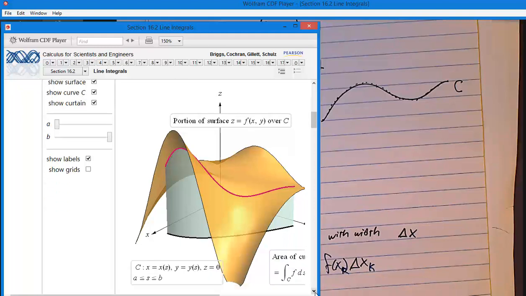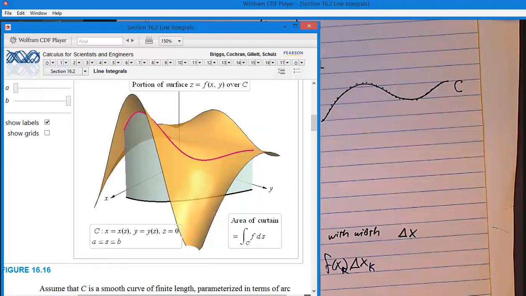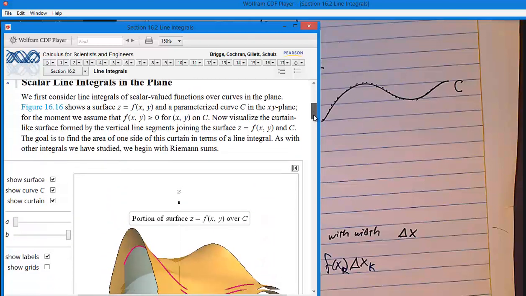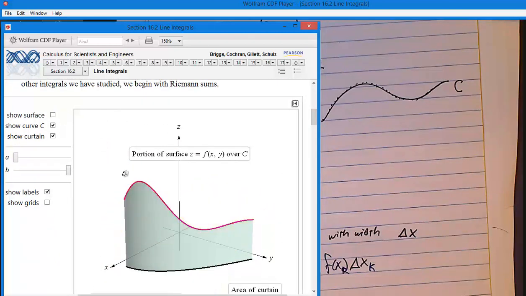So they say take this surface, right? And on the surface we have a curve, right? So if I remove the surface from the picture for a moment, just concentrate on the curve, and then you have underneath the curve a curtain, right?